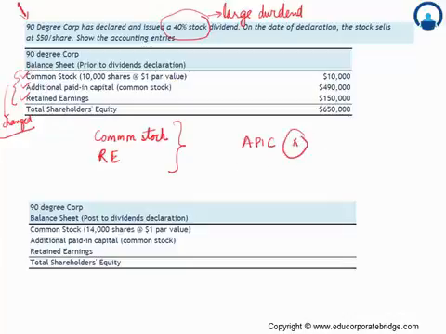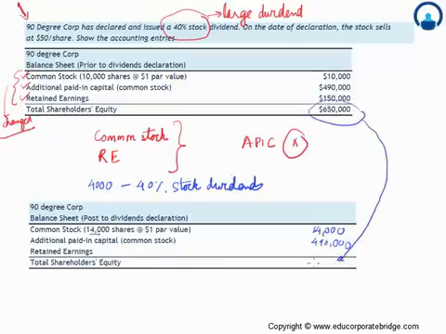Let's see how this will look ultimately. Common stock will be 14,000, because 4,000 will be the additional shares issued because of the 40% stock dividend. The additional paid in capital, since it doesn't get affected, remains the same at 490,000. One more thing to note is that in these cases the final shareholders' equity amount doesn't change, so it will still remain 650,000.